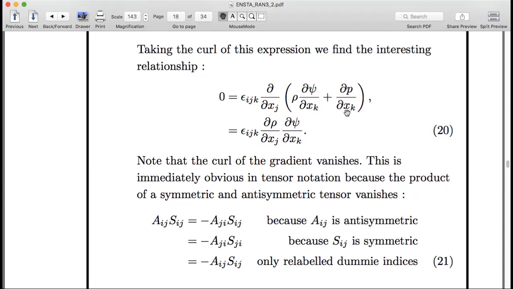But it equals 0 because, remember, if I interchange j and k in this alternating tensor, that changes the sign. But when I interchange j and k here, it doesn't change the sign.